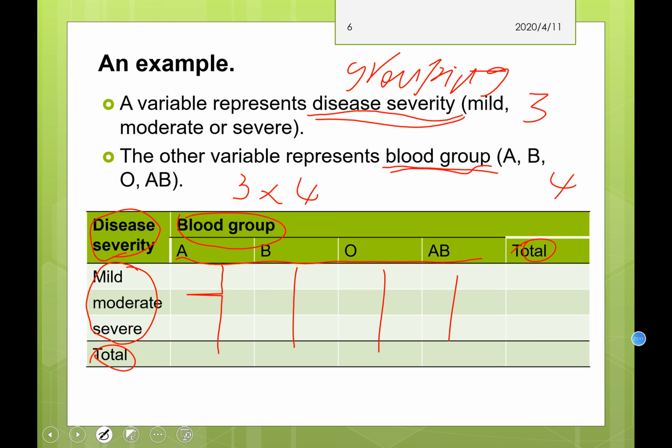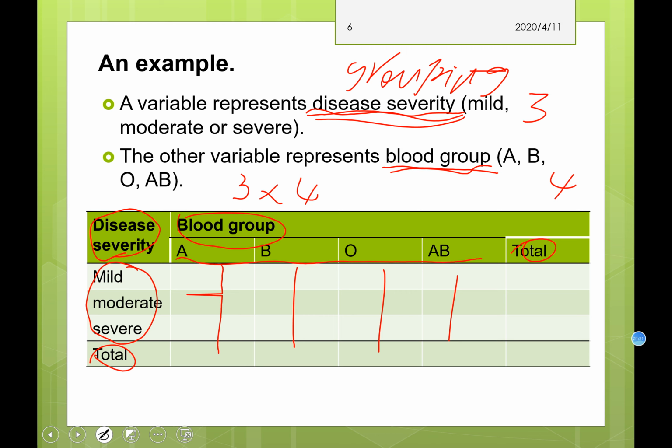But please notice that here we use the disease severity as the grouping variable. So we list these 3 groups in the rows and the other one in the columns. But you can change it. Actually, you can change it.